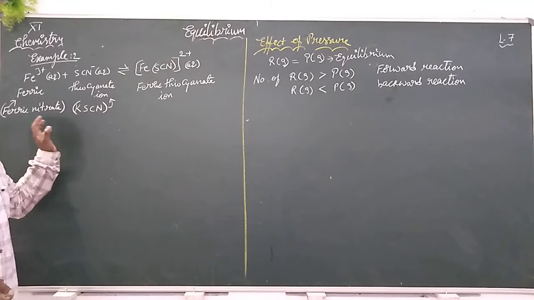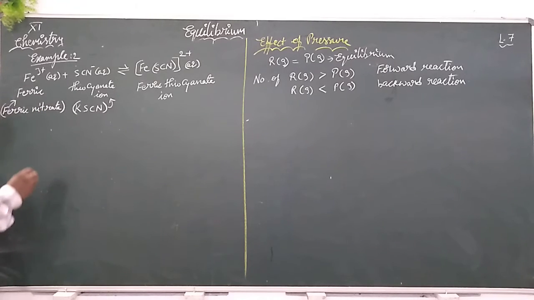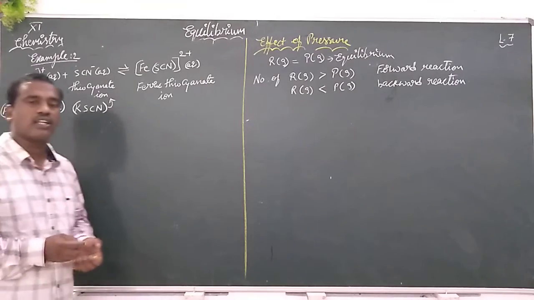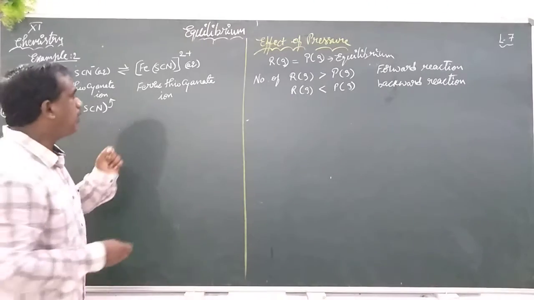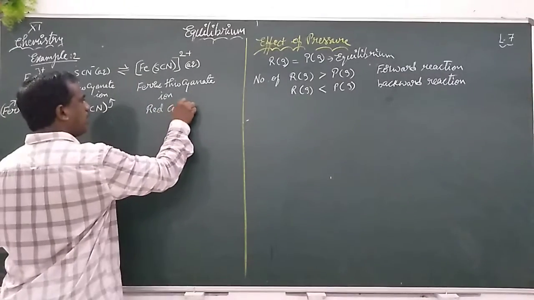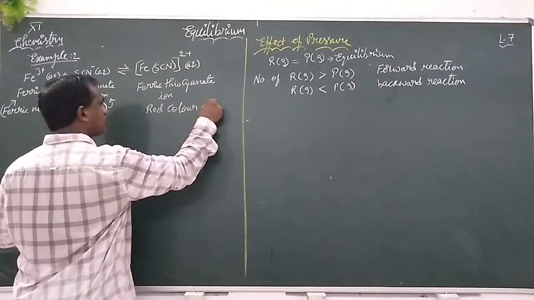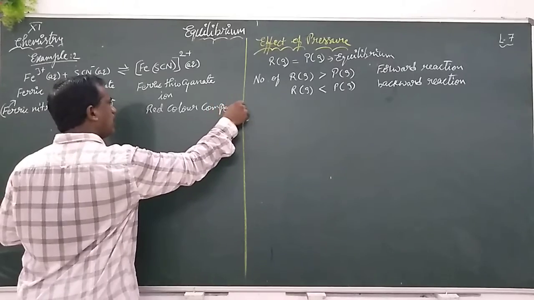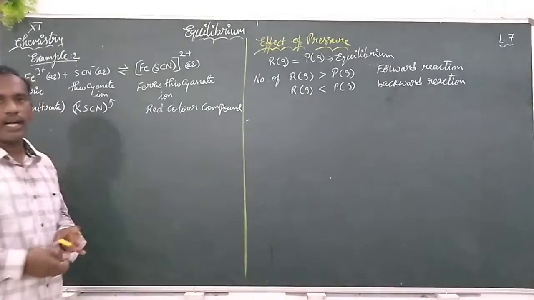When we mix the ferric ions and thiocyanate ions with each other, they will form a red color compound. What do they form, children? They will form a red color compound.